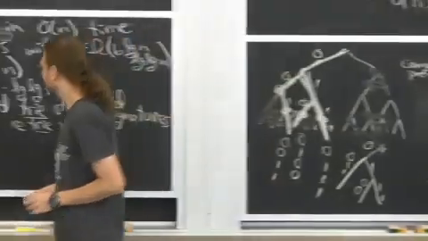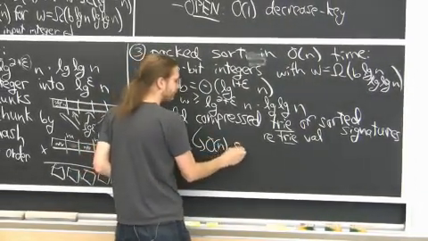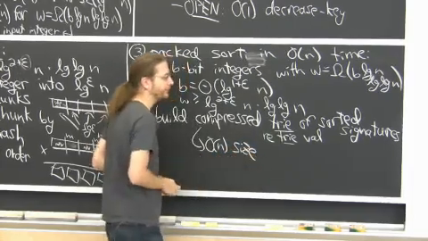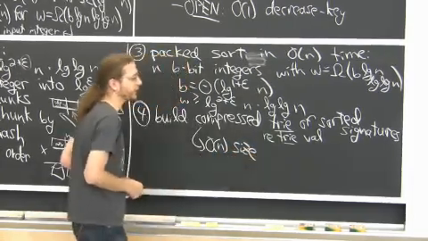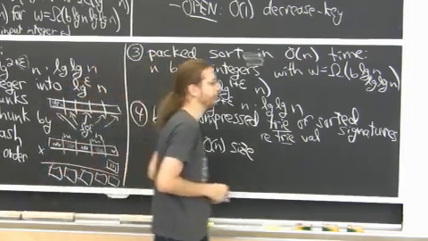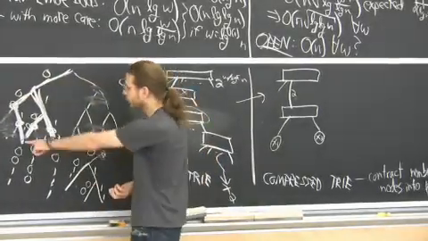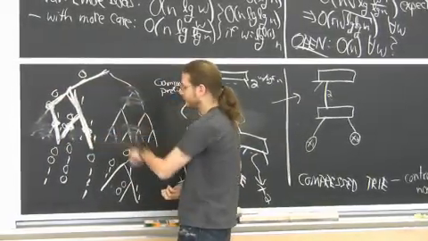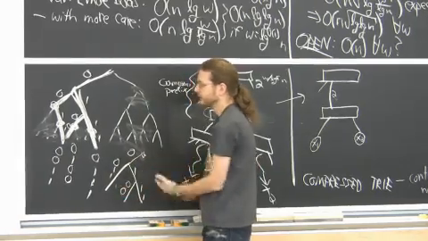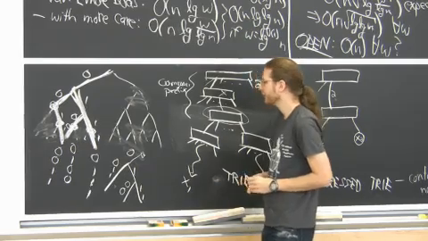Now, the nice thing about a compressed trie is they have linear size. The number of edges and vertices is linear in the number of leaves, which is the number of values we have here. Another nice thing about compressed tries is they preserve order. So if you look at the order of the leaves down here, it's the same as the order of the leaves over here. Right? We're not really changing order. We're just making things a little shorter to write down.